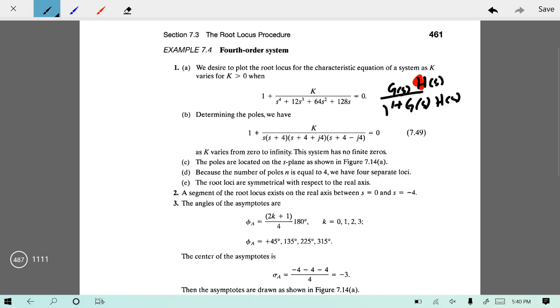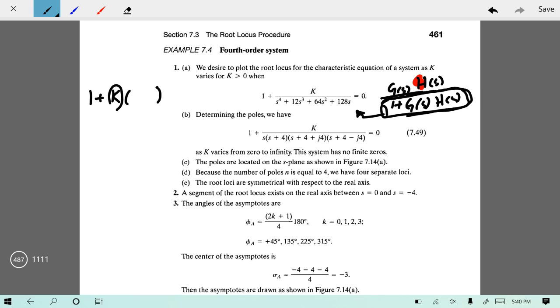So this term is obviously your characteristic equation. He has written this term as 1 plus g of s into h of s, or 1 plus g of s. Why? Because to start drawing the root locus, it is convenient to have your characteristic equation in the form of 1 plus k into something, so that you keep k separate and can see the effect of k on your system.